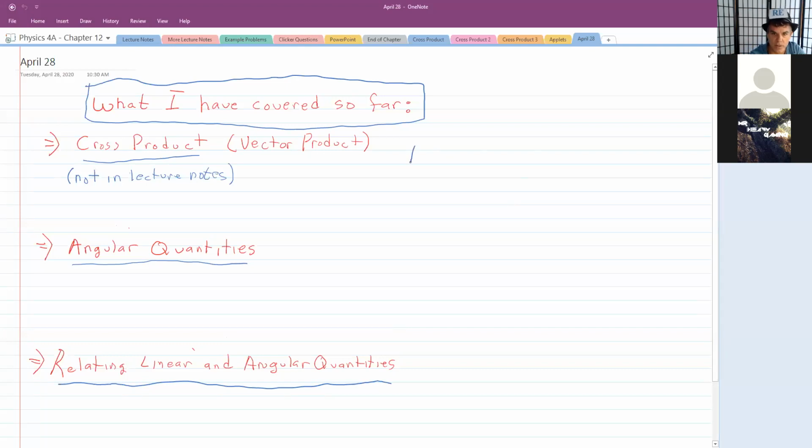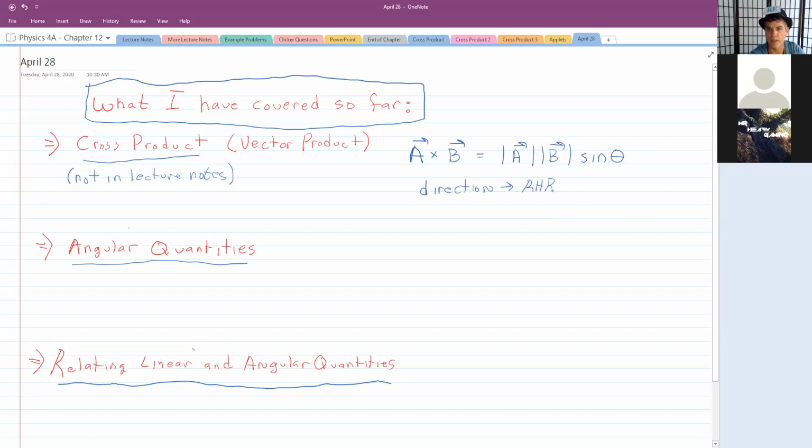The magnitude of the cross product between 2 vectors is the magnitude of the first vector times the magnitude of the second vector times not the cosine, but the sine of the angle between the 2 vectors. That gives the magnitude, and the direction is given by the right-hand rule.